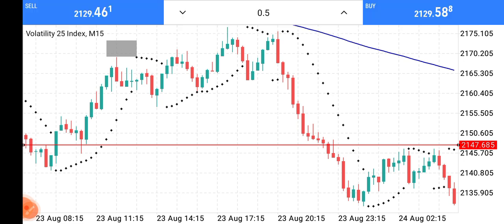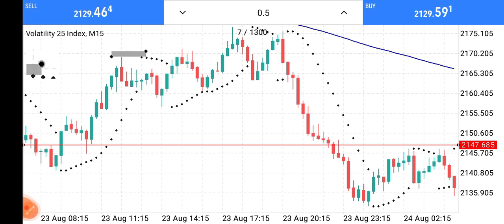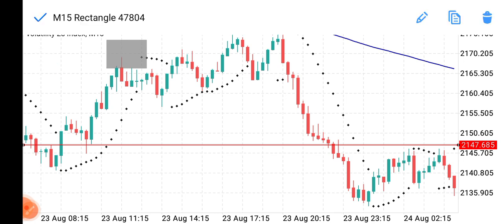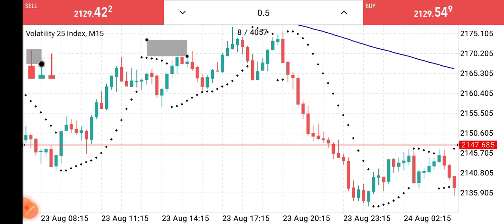No, not actually higher high, this should be lower high. Okay, yeah, actually this is higher high, this one here is higher high, this is higher high.